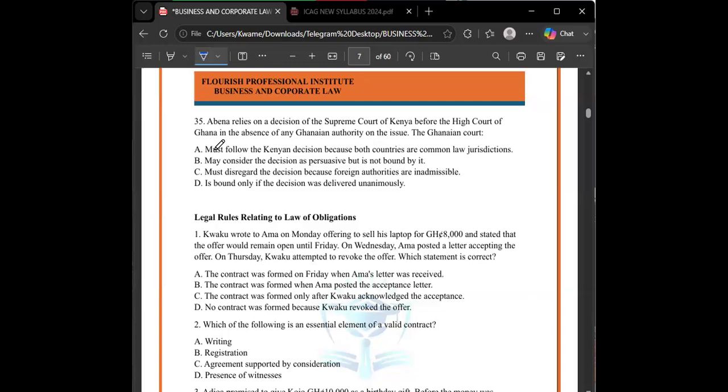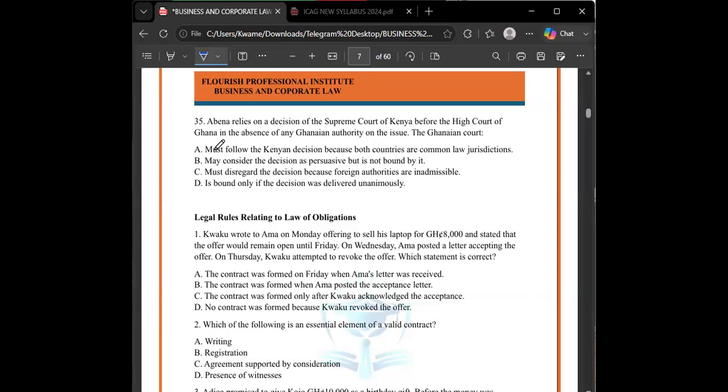35. Abner relies on a decision of the Supreme Court of Kenya before the High Court of Ghana in the absence of any Ghanaian authority on the issue.